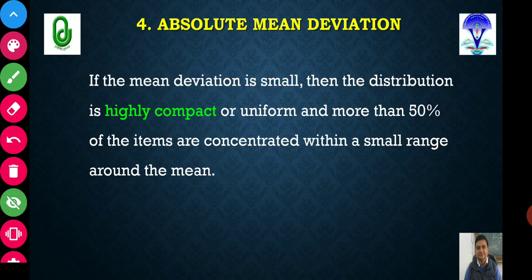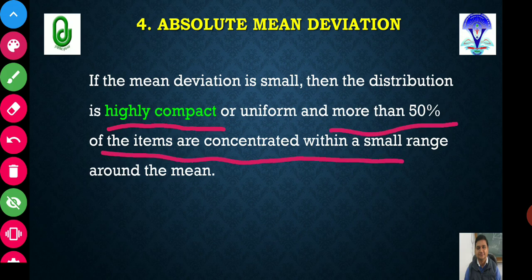Now suppose the mean deviation is small, then the distribution is highly compact. Suppose you calculated absolute mean deviation, AMD, for a particular data series and you find that it is a very small value. That means your data is more uniform and more than 50% of the items are concentrated within a small range around the mean.